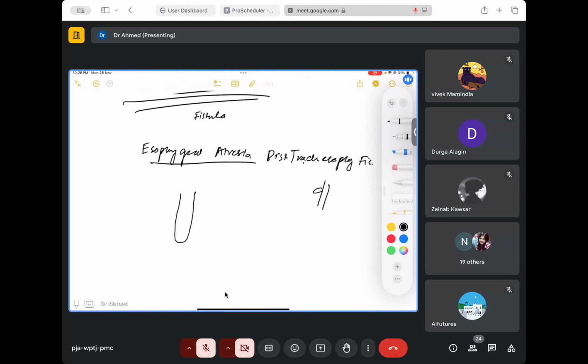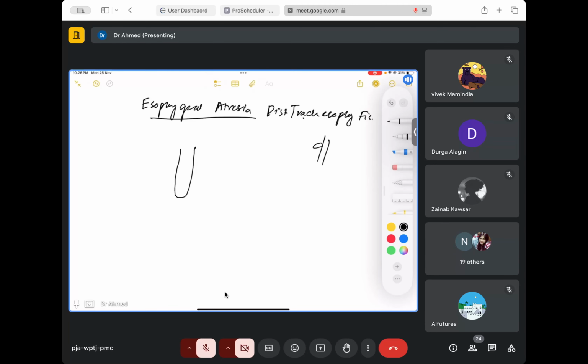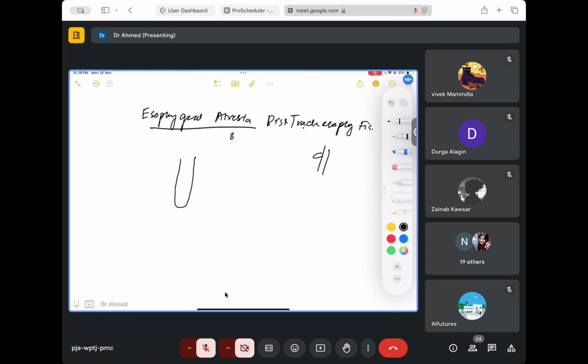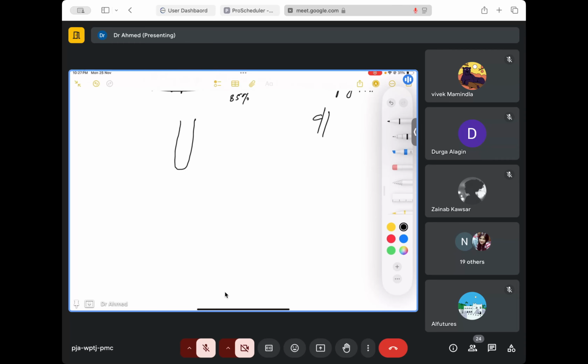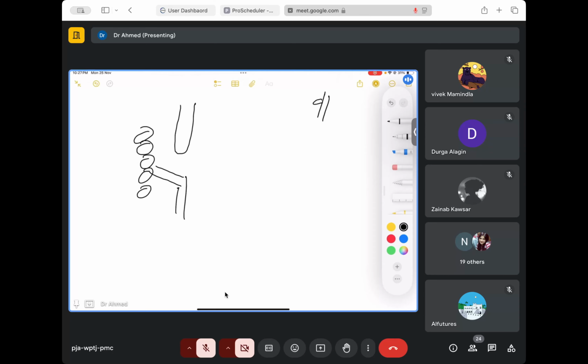So what happens in esophageal atresia with distal tracheoesophageal fistula? It's the most common condition, basically 95%. You're going to see that the proximal part of your esophagus is atretic, resulting in a blind pouch. And what happens to your distal portion? It's connected to your trachea.